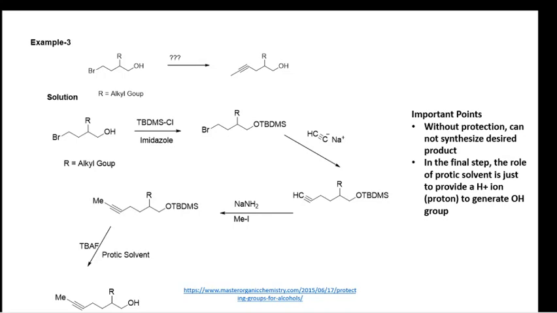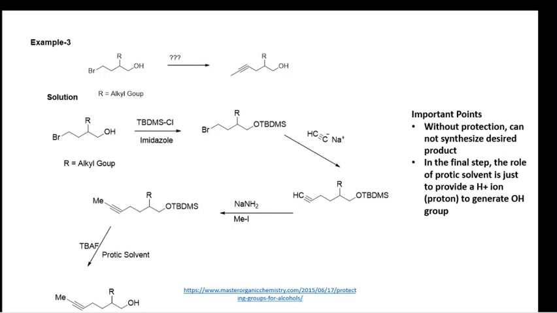As we know, terminal alkynes are acidic in nature because the terminal carbon atom is sp hybridized, having greater ability to attract the shared pair of electrons towards itself, meaning the terminal carbon atom in this case is slightly electron rich and the hydrogen atom is electron deficient.